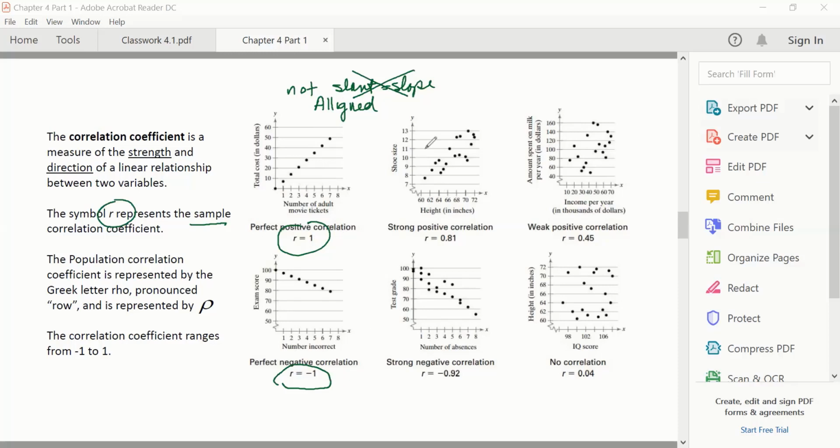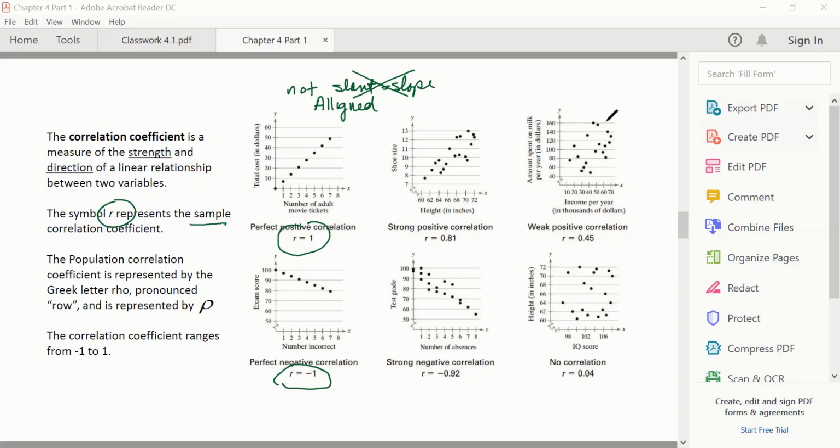Now, most data is going to be more like the data in the middle column or the right column. This is a strong positive correlation. R is 0.81, so fairly close to 1, and you can see that the data lines up in a line. Strong negative correlation, this one's a little stronger. R equals -0.92, so it's going downhill because it's negative, and it's fairly close to -1, so we have a fairly strong alignment.